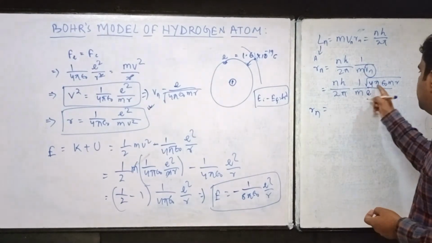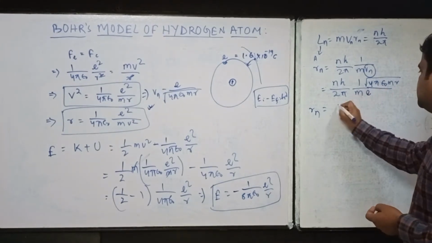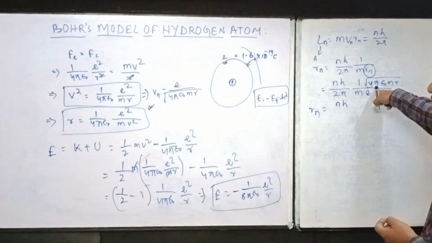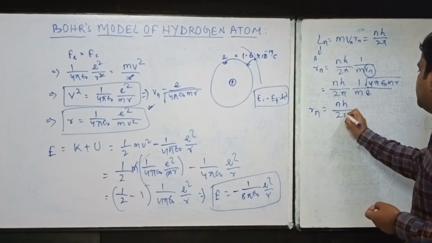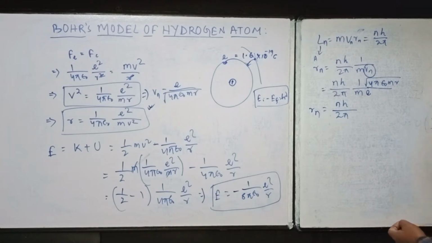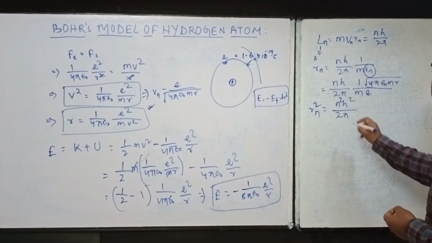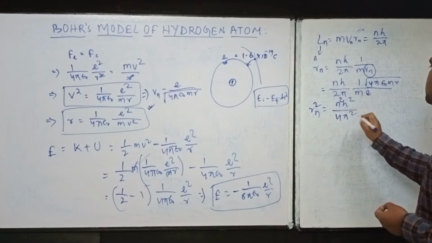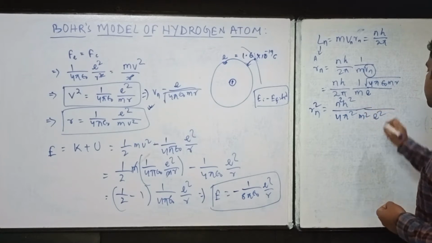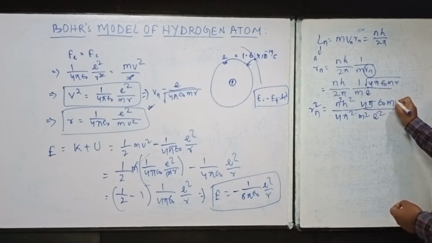So Rn, the radius of the nth orbit, will come up finally as follows. This is nh over 2 pi, and you can take the square, so Rn square is n square h square over 4 pi square m square, and in the denominator e square over 4 pi epsilon naught m Rn, right?